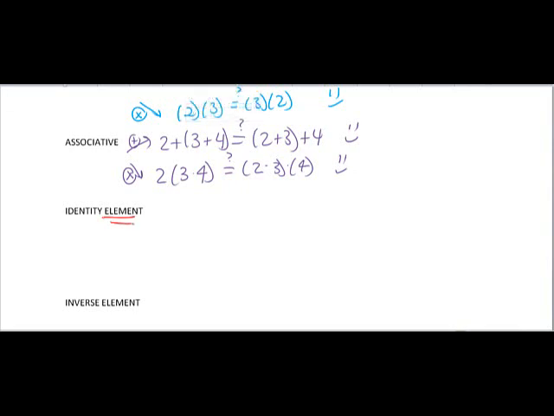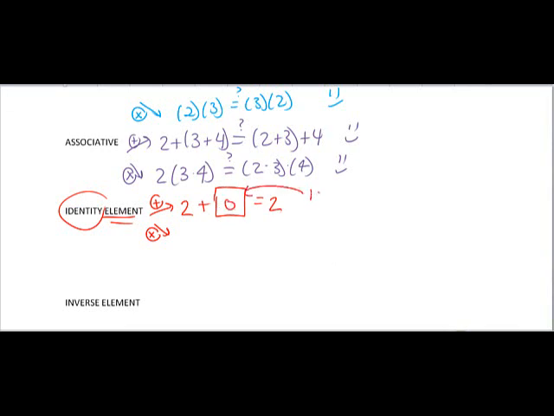Now, for the identity element, remember it's really important that you consider that it's the element that we care about. So, if we have our addition, remember that identity, it's going to come back and equal itself. So if we have the number 2, 2 plus something is going to give itself, which is 2. So what's that number? Well, 0.